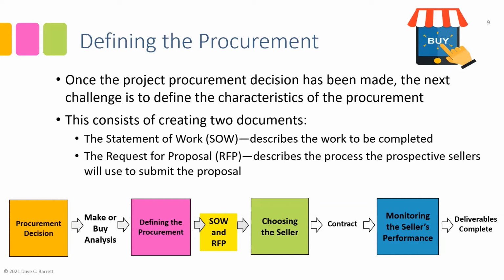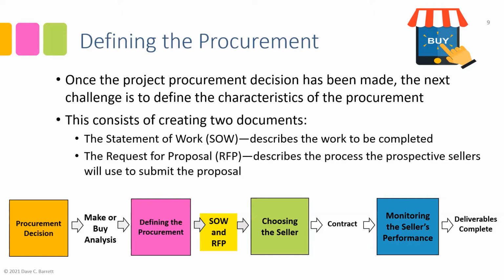It's describing how they will produce the information and documentation, which is the proposal, so that we may potentially select them. And there's a lot of complication to that. Now, we're talking in this video lecture completely about RFPs.